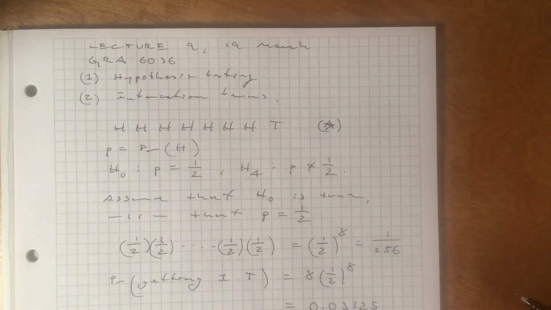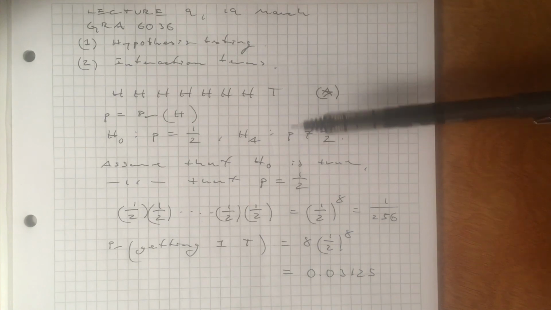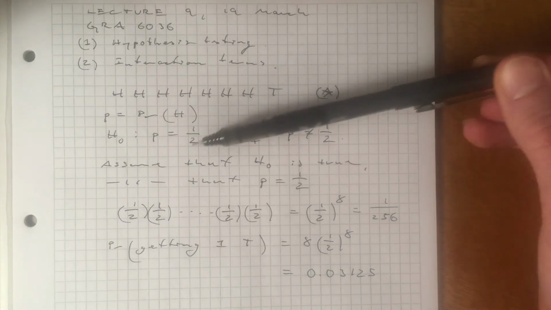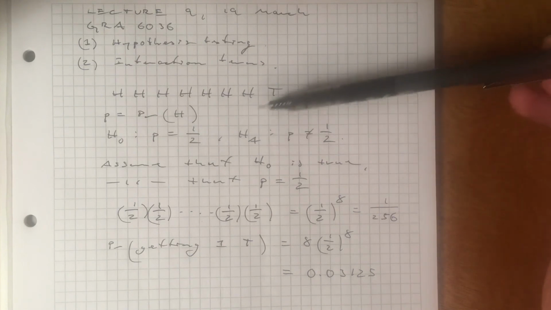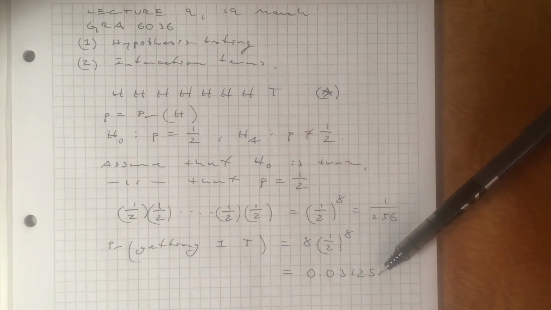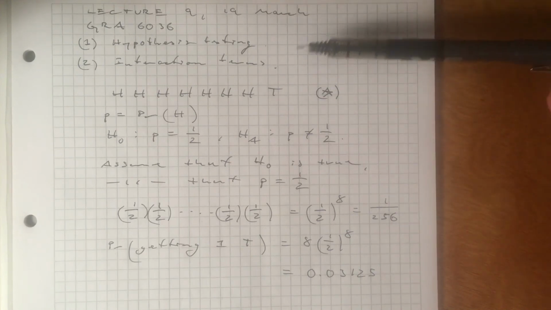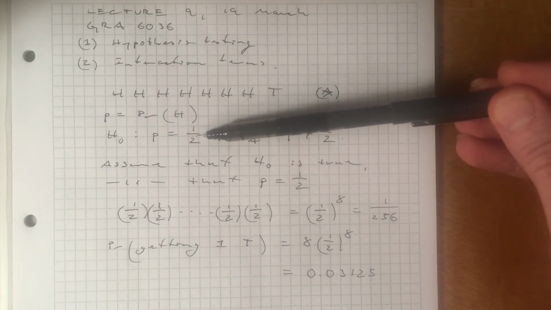So the point here is that under the hypothesis that you have a fair coin, the probability of obtaining a sequence such as star is small. Therefore, you stop believing that this can be true, so you reject the null hypothesis.